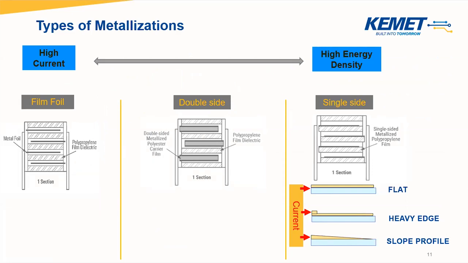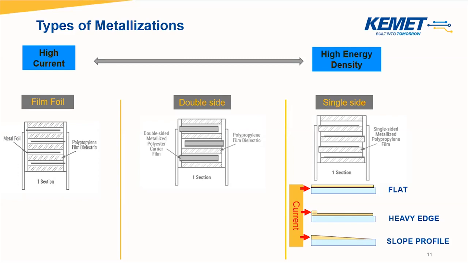So basically, we always have to consider a compromise. In the case of thin metallization or single side, like we said until now, we can have quite high energy density, but we have to compromise a little bit in terms of current capability.